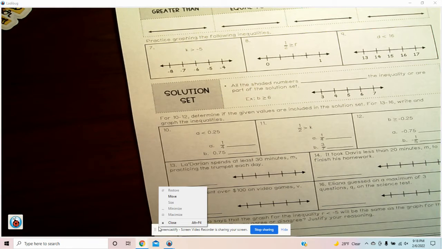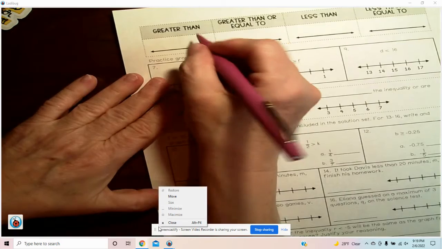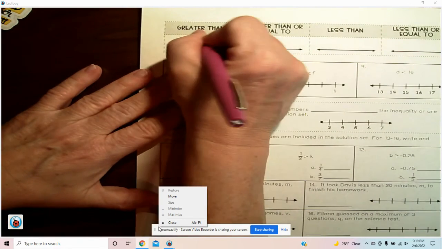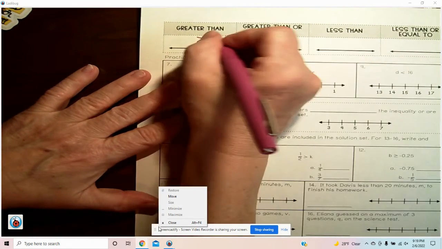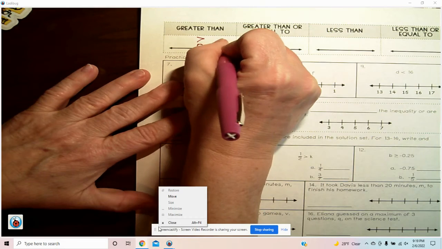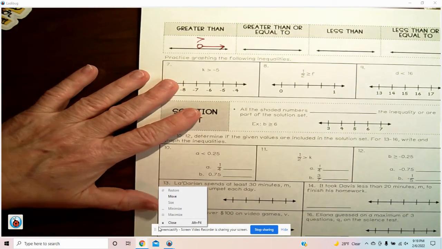To show what a graph would look like with inequalities, or how you would graph, let's look at what the symbols look like here on the top of this page. If we have greater than, that symbol would be that. We have an open circle shaded to the right.